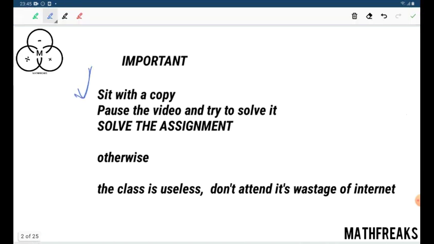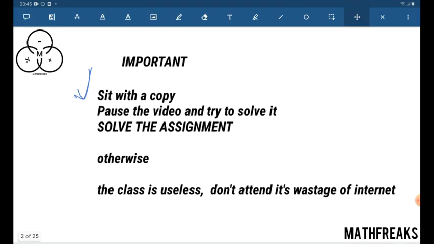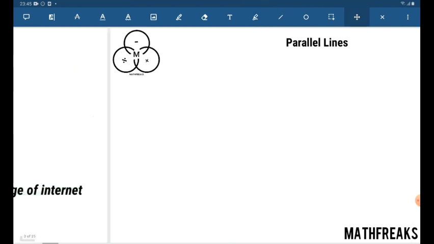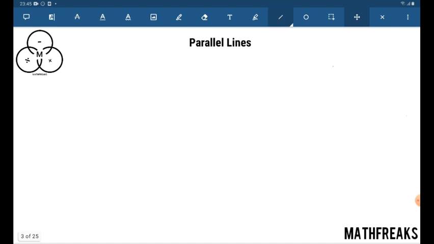As well, the most important thing: parallel lines. First of all, straight lines.